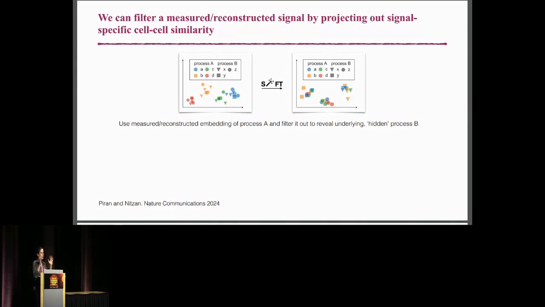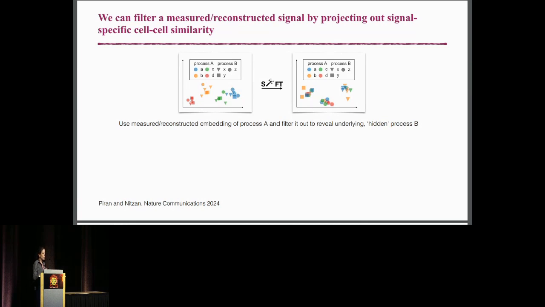We can think about a low-dimensional representation, say a PCA space of the single cells, and you see that they're clustered according to one signal in the data, for example, cell type, or their spatial structure.